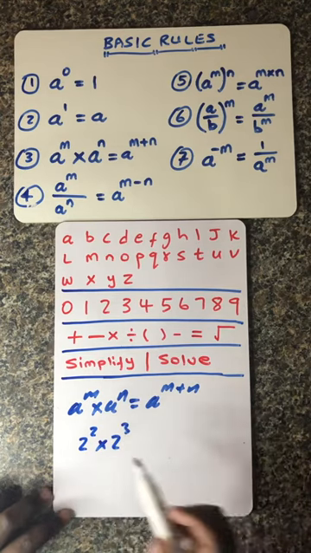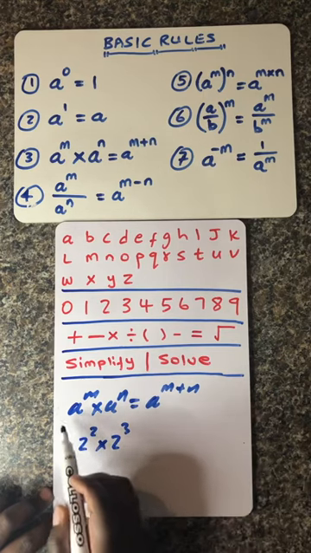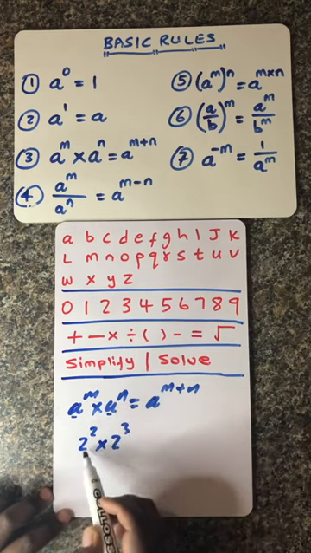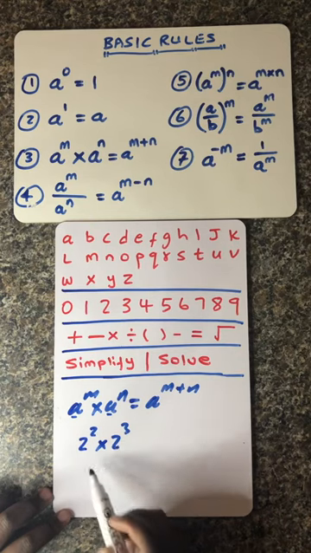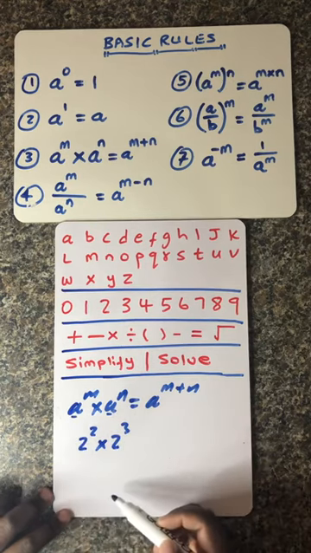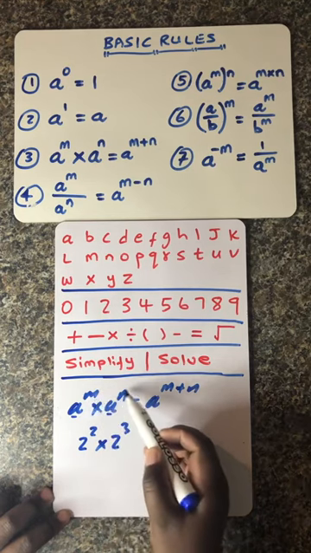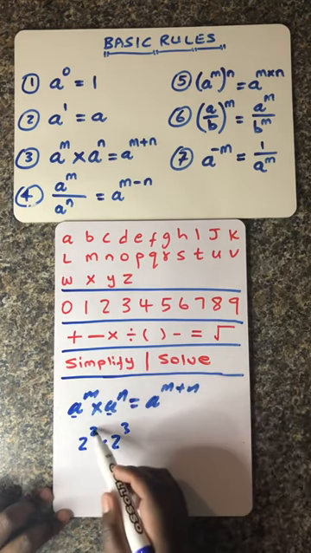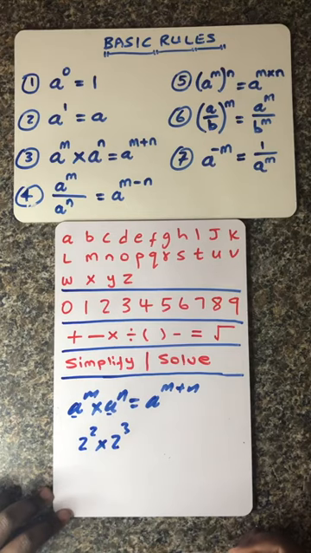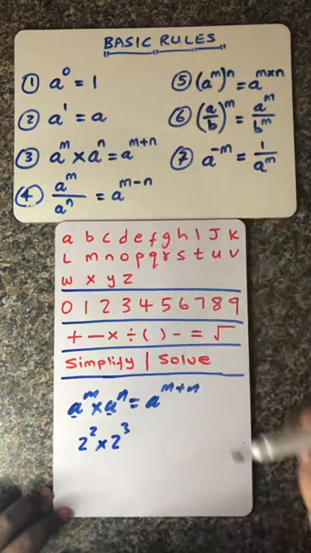Okay, so guys, please notice that this is a, this is a. So that means these two must be the same, because there it's a, here it's a, okay? And the exponent, because this is m and this is n, it means they could be different exponents. So that's how you interpret those rules. That's why they used different letters there.